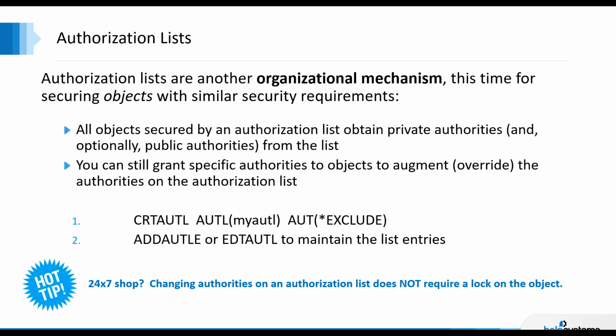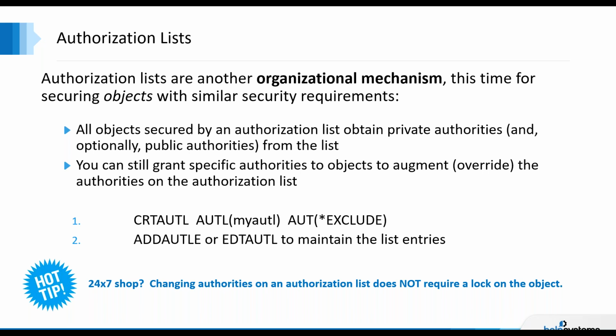Well, partly because when you want to change the permissions on an object, you as the administrator have to gain a lock on that object, which in a 24/7 shop may not be possible. So with an authorization list, you're able to gain a lock on that object one time in order to assign the authorization list to the object. And then on an ongoing basis, when you're changing permissions, you're actually changing them on the list, not on the secured object. So you can do that even when a file or a program is in use.